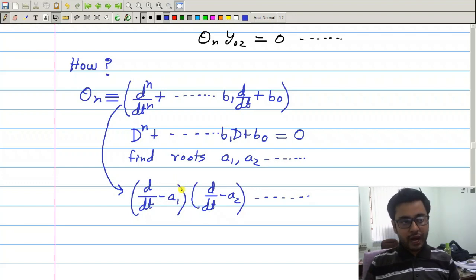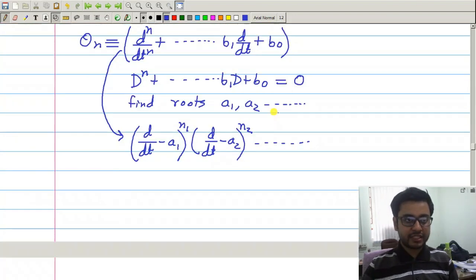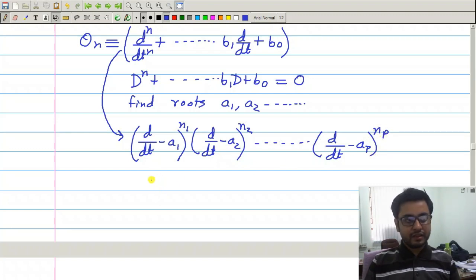If these roots are repetitive, say a1 repeats n1 times, a2 repeats n2 times, and the last one, d/dt minus ap, repeats np times, then n1 plus n2 plus np should be equal to n. That is the total number of roots of an nth order polynomial equation.